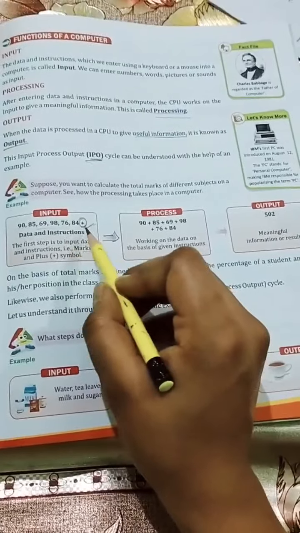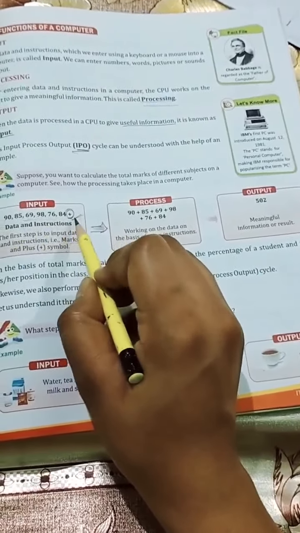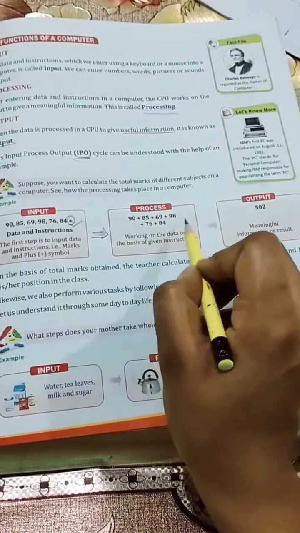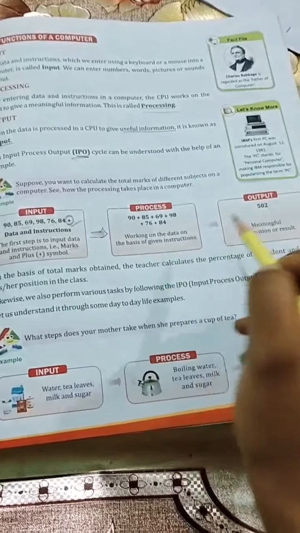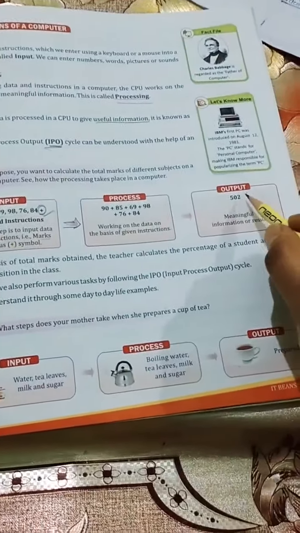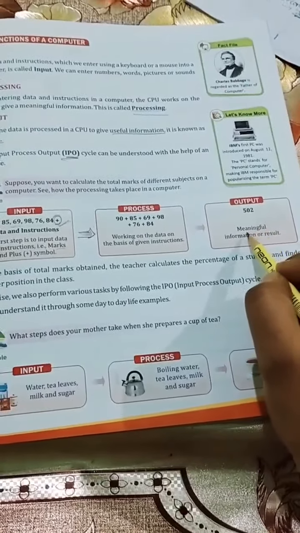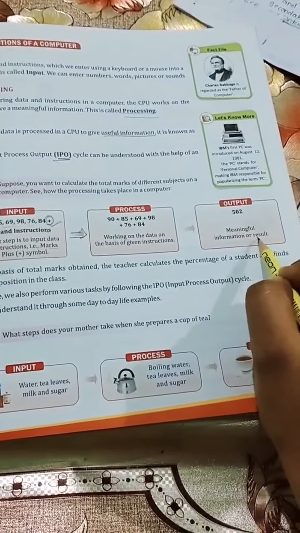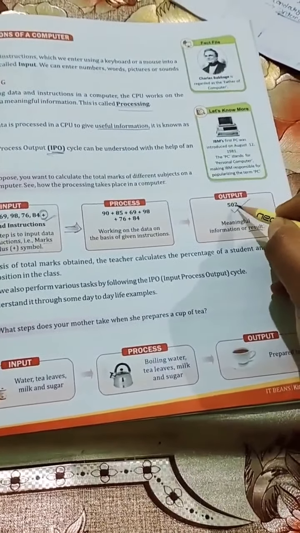If we give the computer some numbers and a plus operator, the computer adds all these numbers on the basis of the given instructions. Now what will we get after processing this data? We will get meaningful information or result, that is 502 as an output.